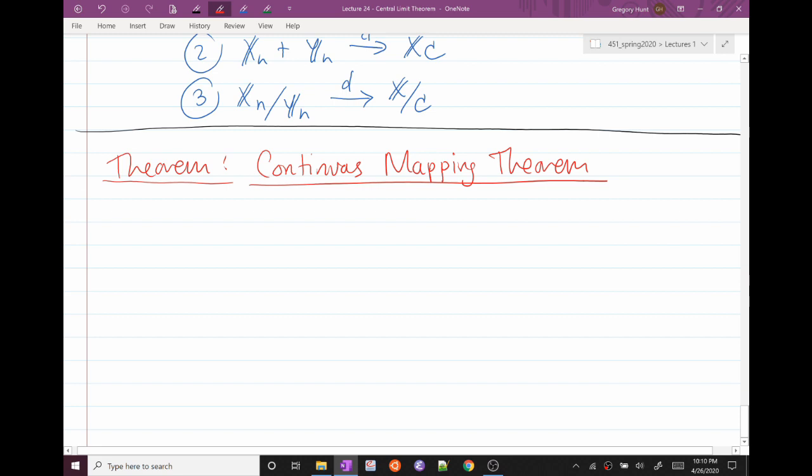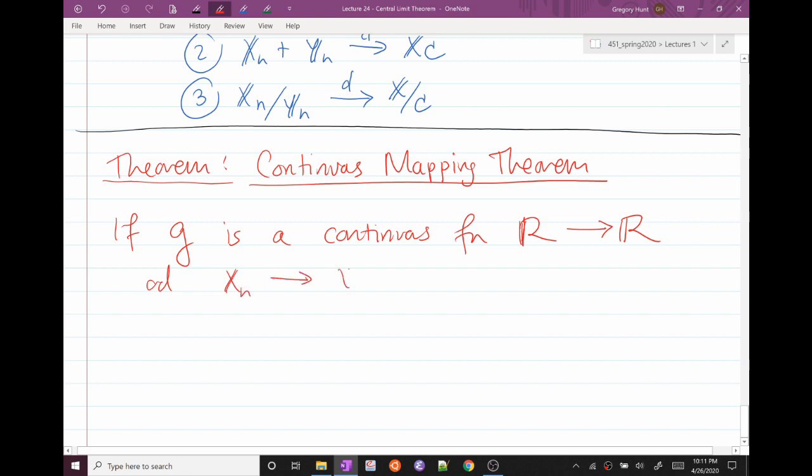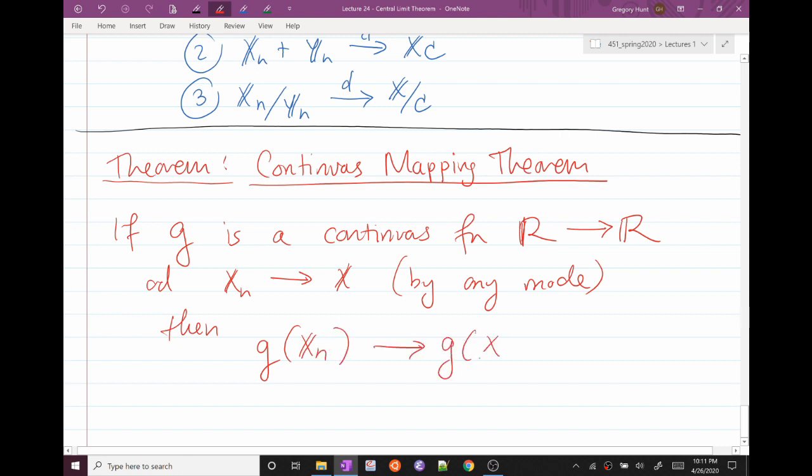And the continuous mapping theorem says that if g is a continuous function, so some real valued function, R to R, and it's continuous, and xn converges to x, let's say, by any mode, doesn't matter if it's almost surely, in probability, or in distribution, then g of xn converges to g of x.